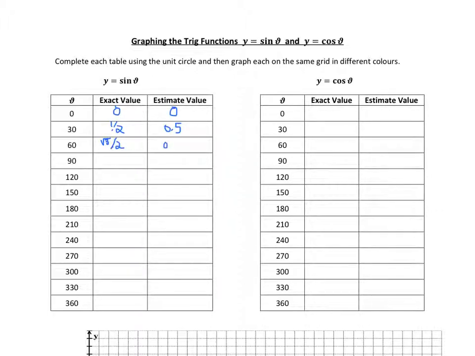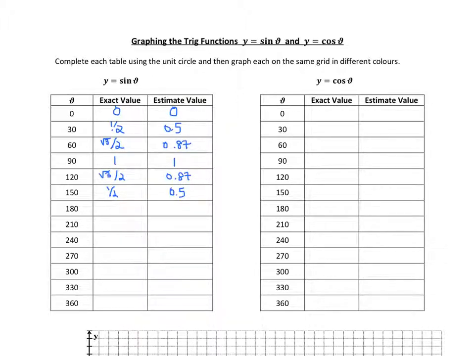We will write that as 0.87, and so on. And what we're doing here is attempting to create some points that I can use on my graph, because it's a little bit difficult to graph values like root 3 over 2. Okay, so we're attempting to convert these to decimal values simply so that I can make graphing these functions a little bit easier.